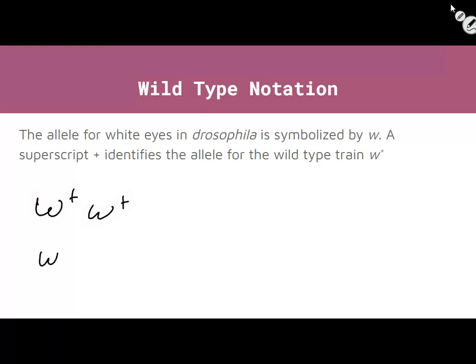If they are W plus W, that would make them heterozygous. If the wild type is dominant, they would have the wild phenotype, but if the mutant is dominant, they would have a mutant phenotype. So instead of like big R, little r, they do W and W plus. So if you see that out there, that's why.